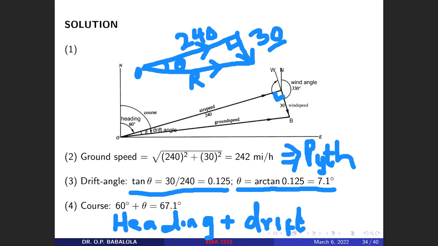What's the use of the wind angle? How will it affect the ground speed if it was 300 degrees? Let me take the first question. The wind angle has actually been given when you do 360 minus 330, that will give you 30 degrees, right?